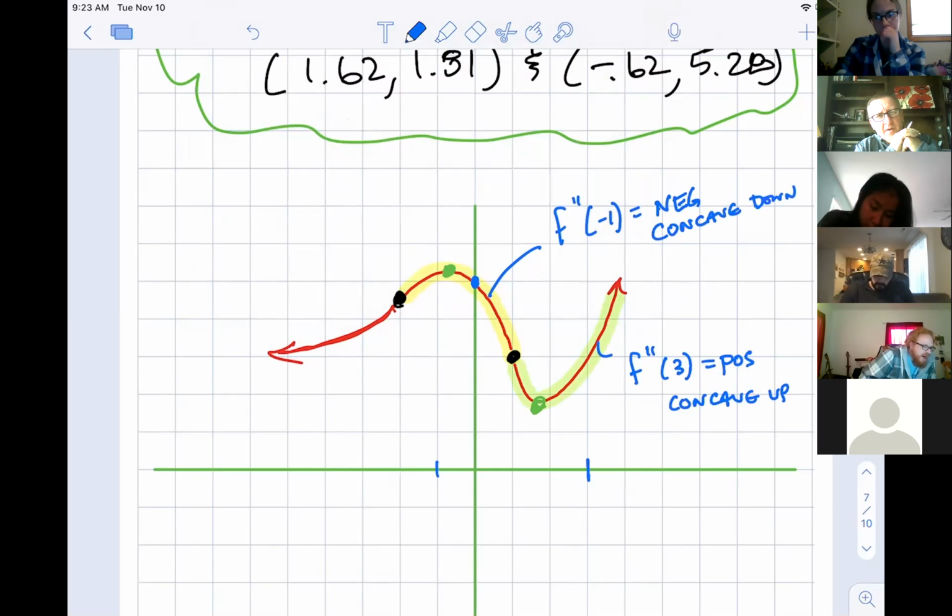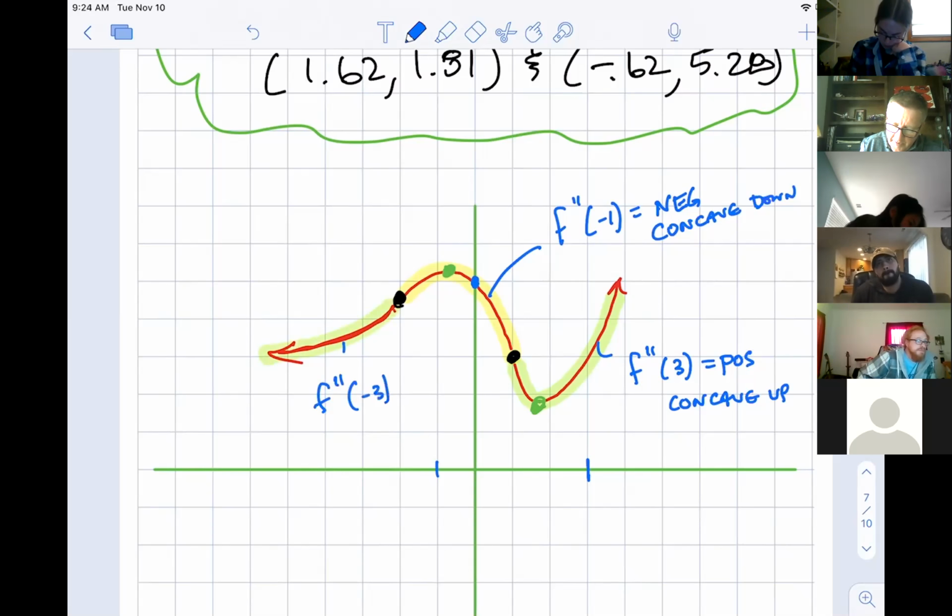I was saying this is the only way I think that can happen for sure. But I could have plugged -1 and 3 into my second derivative equation to see if I got a positive or a negative number, and that would have kind of verified, oh yeah, in that section it's concave up or concave down. So the same thing would have happened over here then. If I picked, say, -3, f double prime of -3, I would have gotten a positive answer, which again really tells me, mathematically, it's concave up out there.